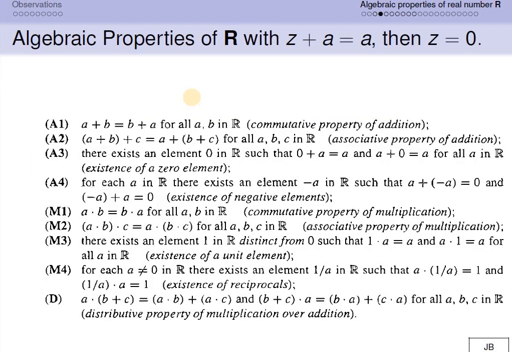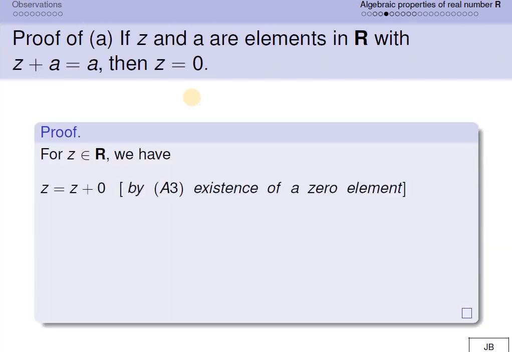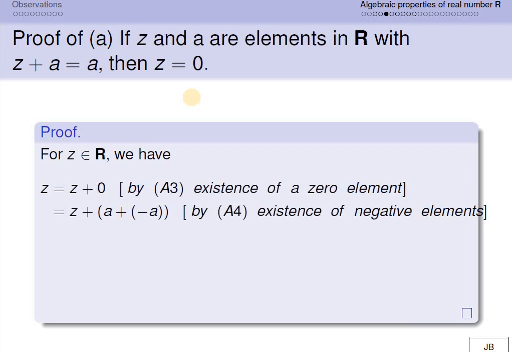If you see A4, the property number A4, for any real number A there is minus A such that A plus minus A equals 0. So in place of 0 we can put A plus minus A. This is what I am going to do. We put A plus minus A in place of 0. Now you have Z plus A plus minus A in the expression, and we can use Z plus A equal to A if we can change the bracket.